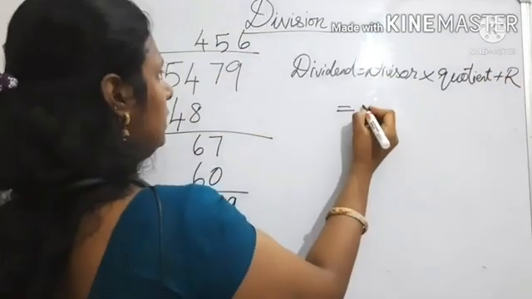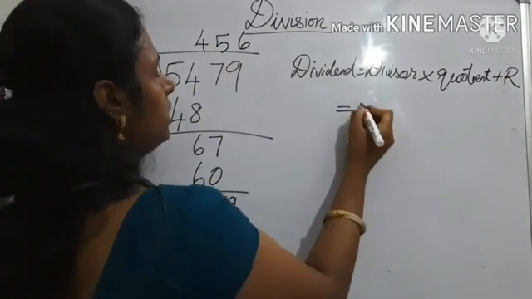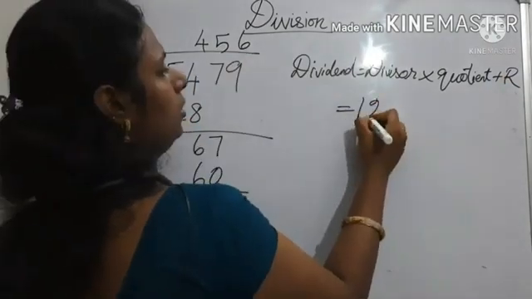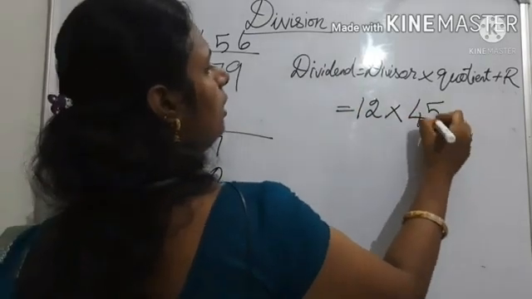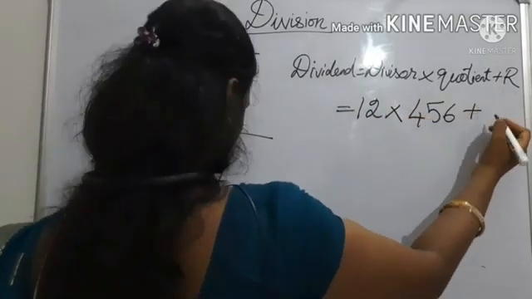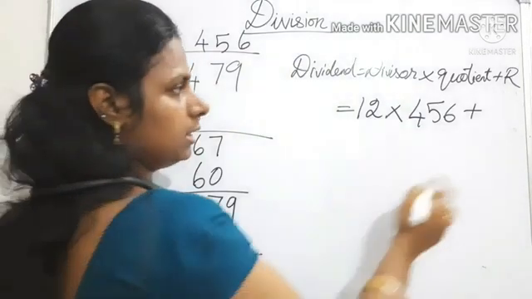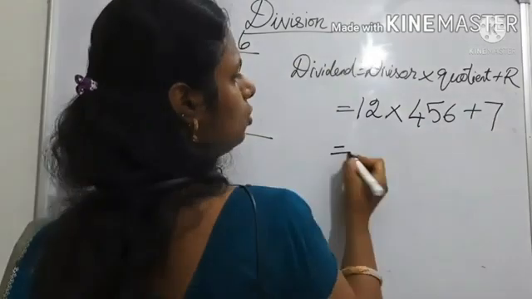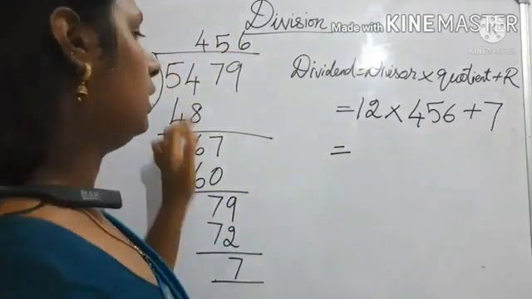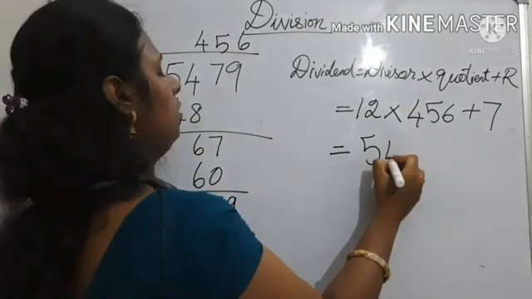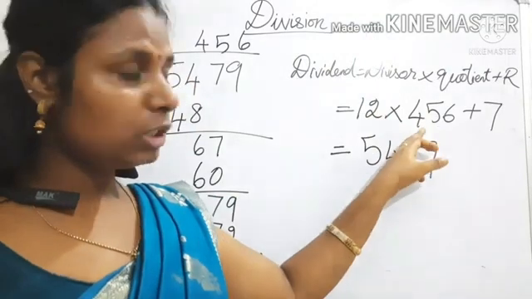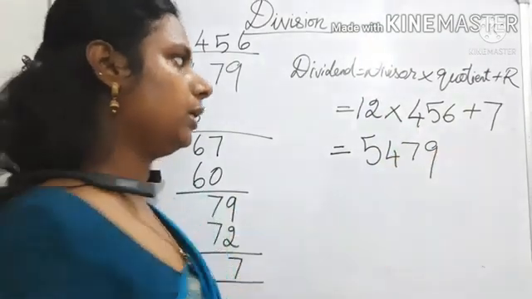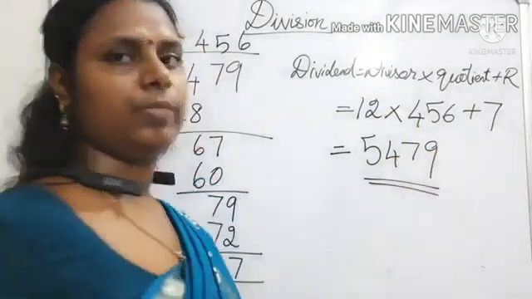So how much is the divisor? 12, multiplied by quotient 456, plus remainder 7. If you solve it, you will get the number 5479. First you have to multiply these two, then add, and you will get the number like this.